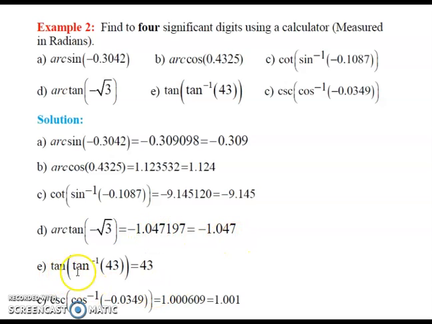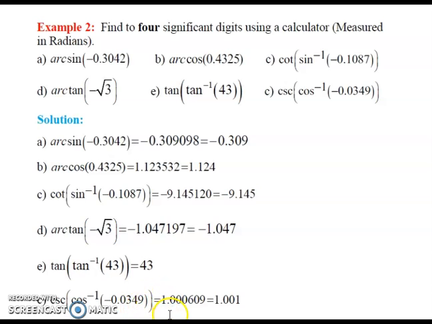Tangent of tangent inverse of 43 is equal to 43. By the formula, tangent of tangent inverse of x is equal to x. Cosecant of cosine inverse of minus 0.0349.